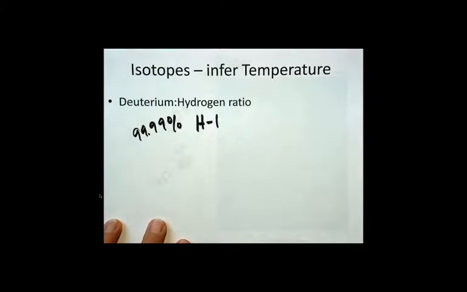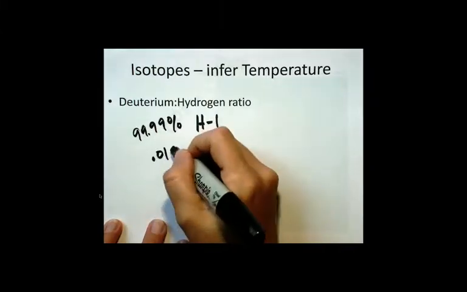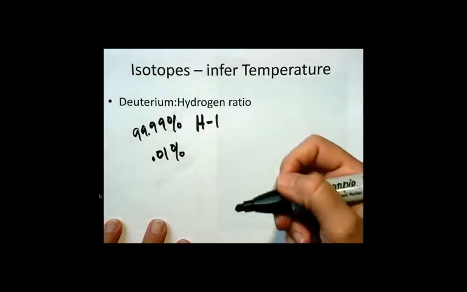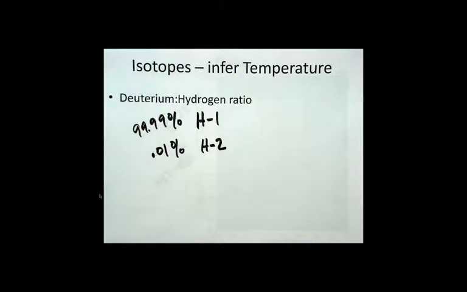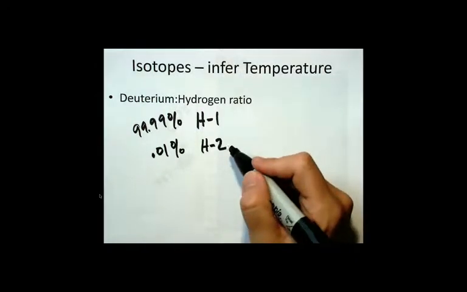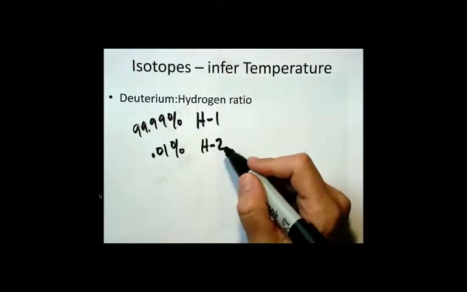That particular isotope has no neutrons and just 1 proton. But 0.01% of the naturally occurring hydrogen in the world is deuterium. We call that H2. H2 has 1 neutron and 1 proton.